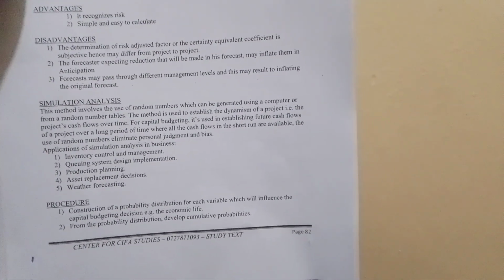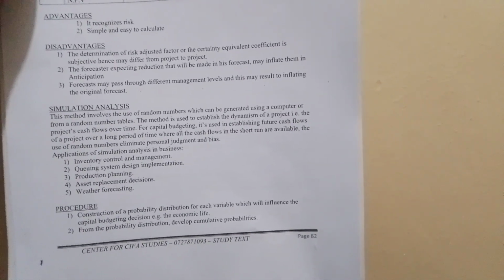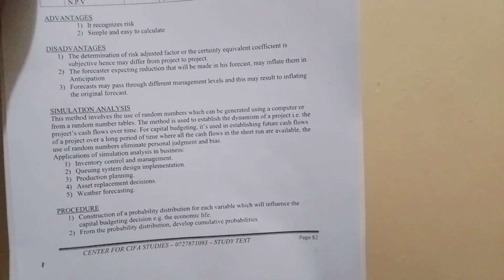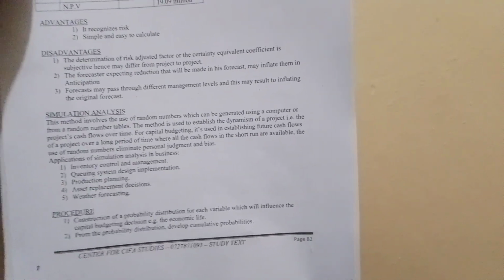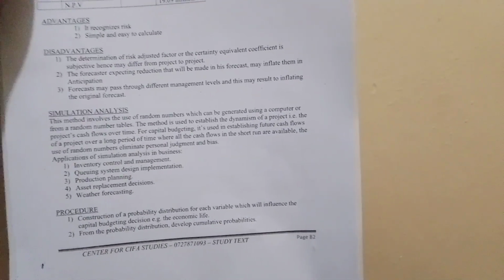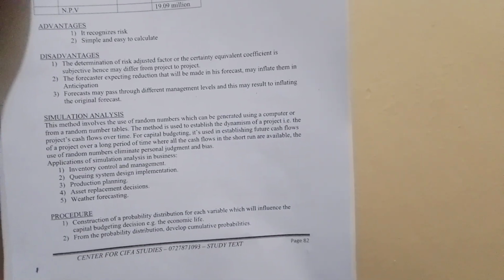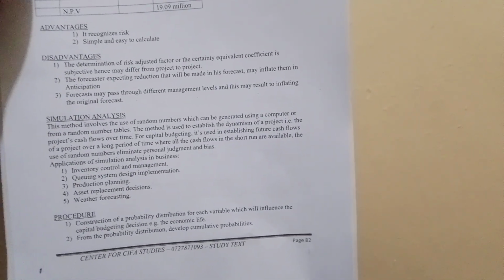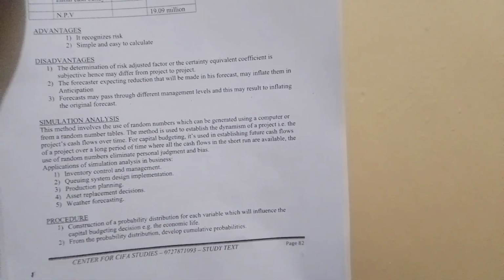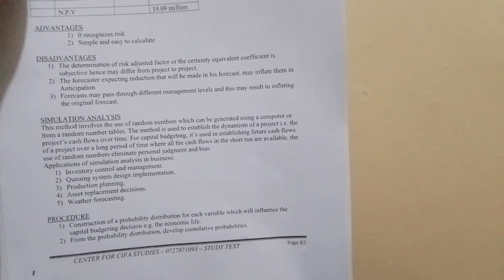The procedure in simulation. The first thing when you are carrying out simulation analysis is construction of a probability distribution for each variable which will influence the capital budgeting decision, e.g., the economic life. Number 2, from the probability distribution, develop cumulative probabilities. These steps are very critical because they are the ones which we will be using when we move to the computation.